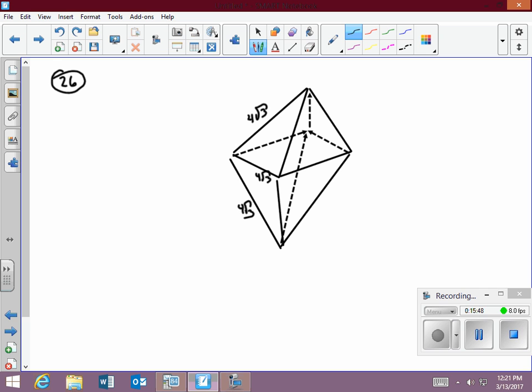And we want the surface area. Well, notice there's 4 on the top and 4 on the bottom. We just have to find the area of one of the triangles, and that's 8 times it, right? It's 8 times, because that base is not going to be part of it.